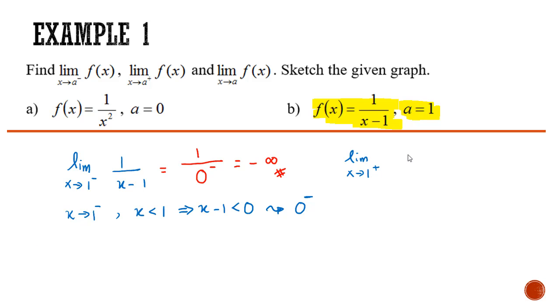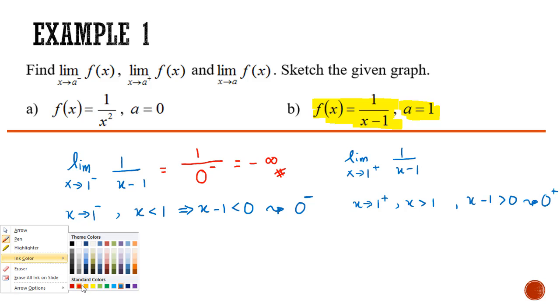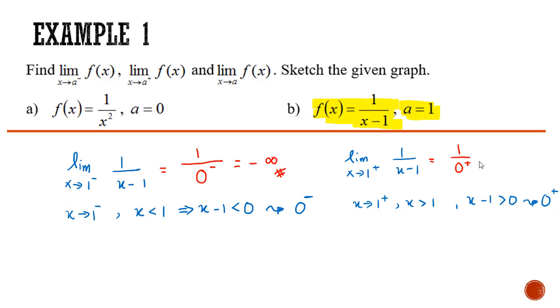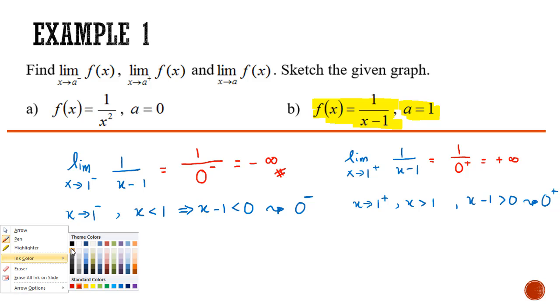When we approach 1 from the right, it means that x is greater than 1, so the denominator is 0 plus, with the ratio positive infinity.